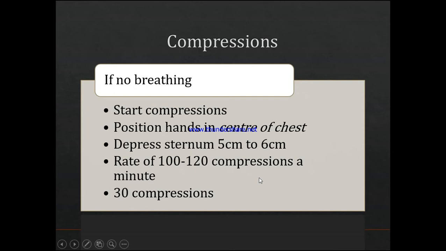So we want to position the hands in the center of the chest, and I'm going to put on some external links so you can watch some videos of resuscitation and the rhythm, the rate and the depth when you go and do your training courses, because remember, this is not a training course, this is just a discussion of the clinical anatomy, going through basic life support, and hopefully just recapping on some things that you may not have been aware of.